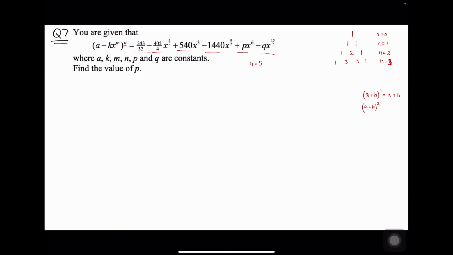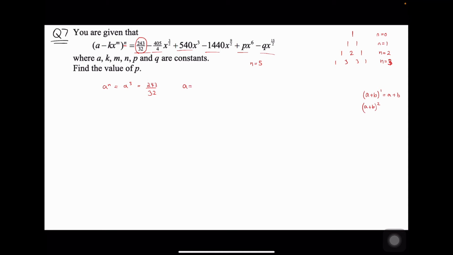Okay, we need to work out a as well. So I know that this first term here is a to the n. So it's a to the 5, and a to the 5 is equal to 243 over 32.